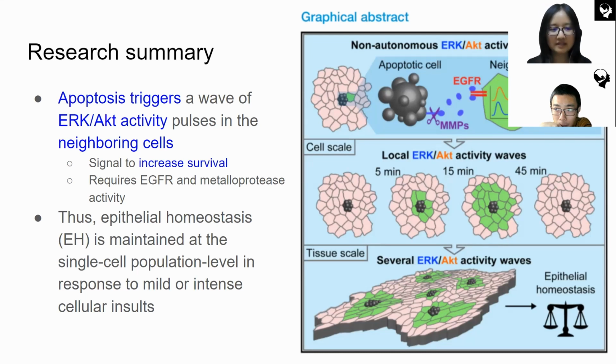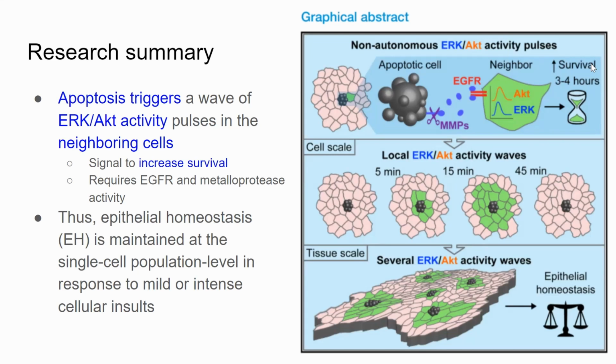They found that apoptotic cells are able to communicate to the surrounding neighboring cells by releasing some signaling factors. The neighboring cells catch these signals and regulate themselves, leading to survival. This is a summary figure of what they found in this paper.